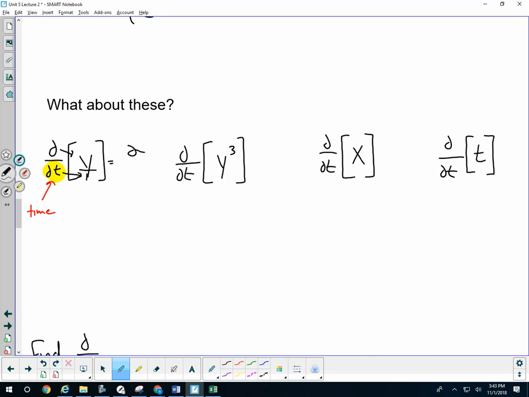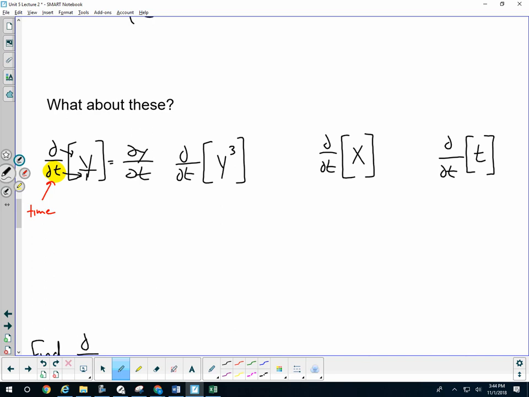This would turn into dy dt, not dy dx. Now, the t is time, but its dt would be an instantaneous change in time, or like at a moment, like when a stopwatch gets stopped. That's what we're going to be talking about here.